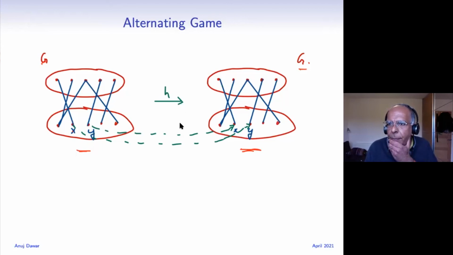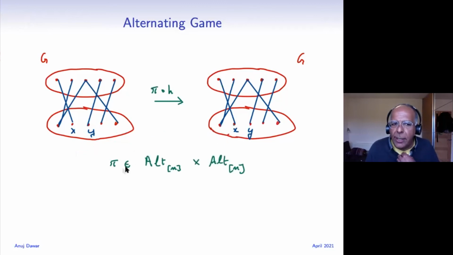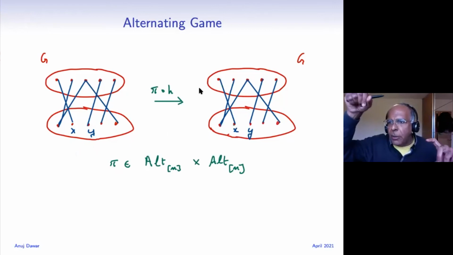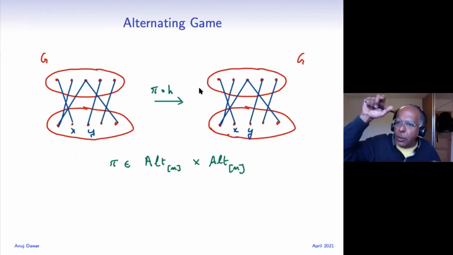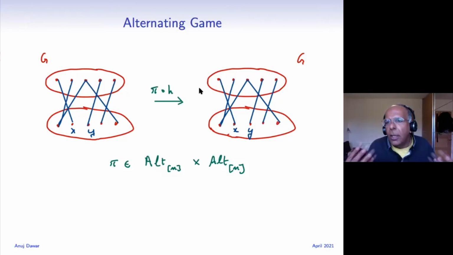And let's say we restrict duplicator to playing bijections which are composed of an even permutation at the bottom and an even permutation at the top. Then you can never hit an isomorphism, because you start off with determinants of opposite signs, you apply an even permutation to the rows and an even permutation to the columns, and you still have determinants of opposite signs.